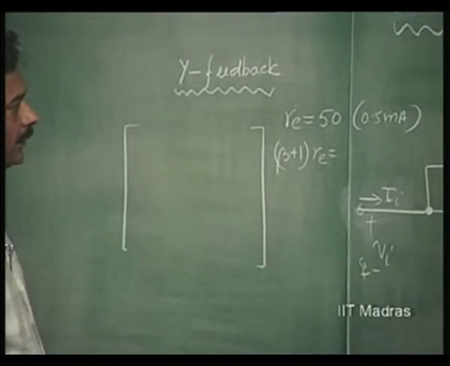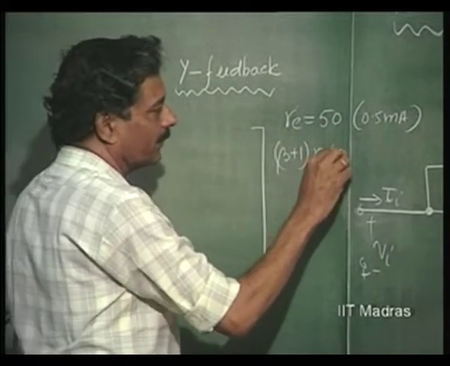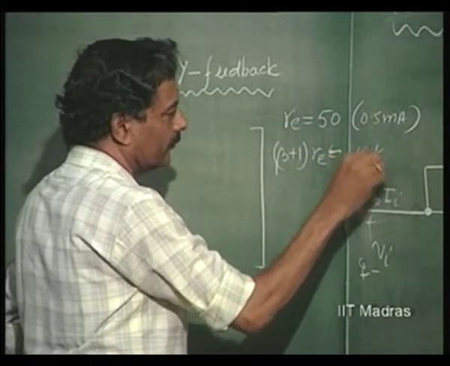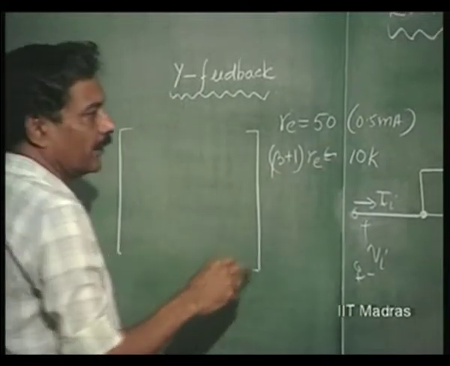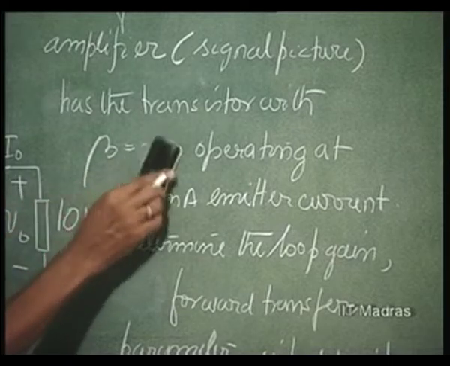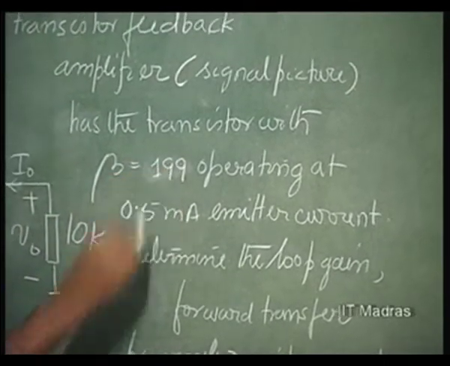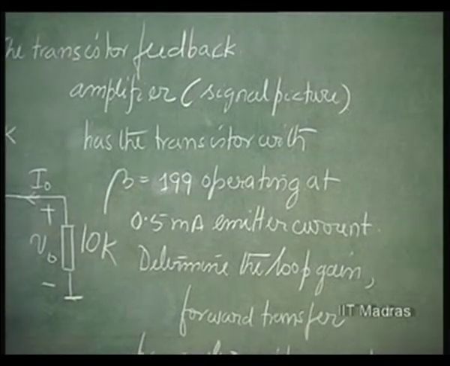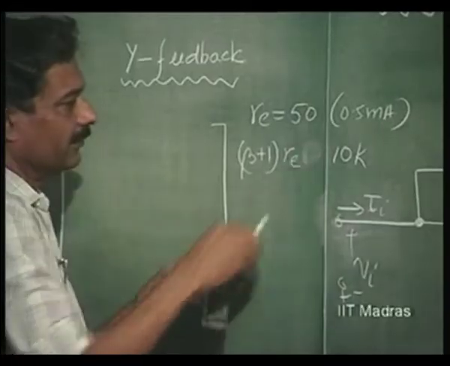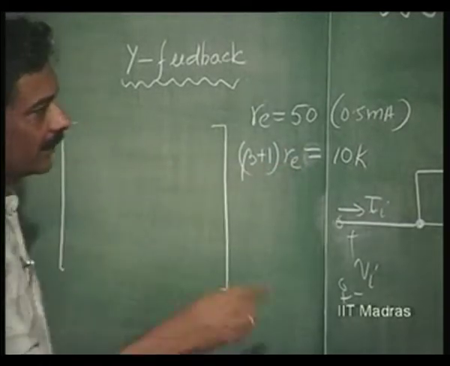So, 200 into 50, 10K approximately. We will actually modify this so that our answers become easy: beta equal to 199. So, this is exactly equal to 200 into 50, so 10K.